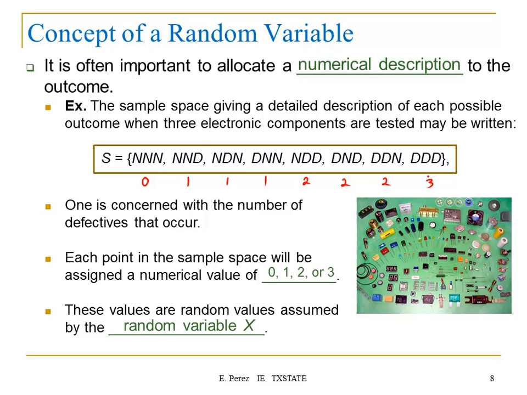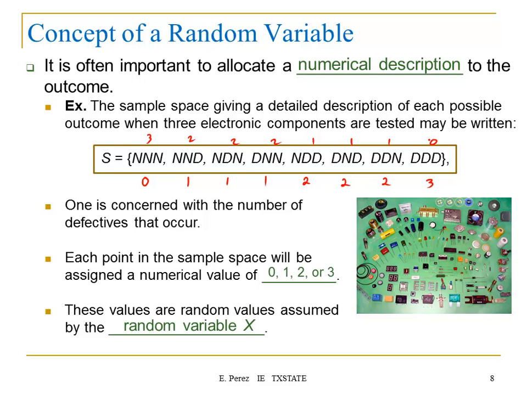So in that case, instead of this number being 0, this will be 3, 2, 2, 2, 1, 1, 1, and 0. Same sample space, different random variable, different values. Okay, so these values are random values assumed by the random variable. And that random variable is something that you are defining.